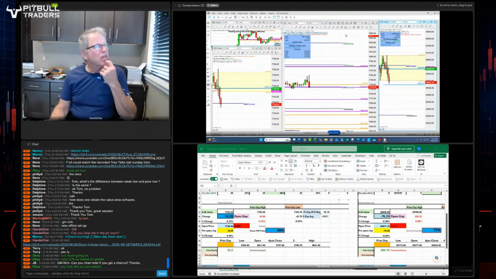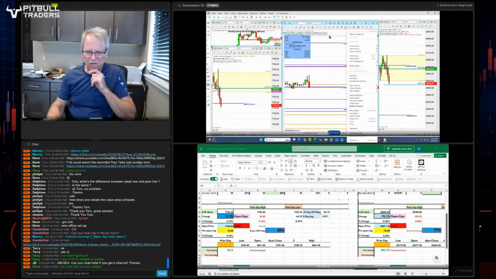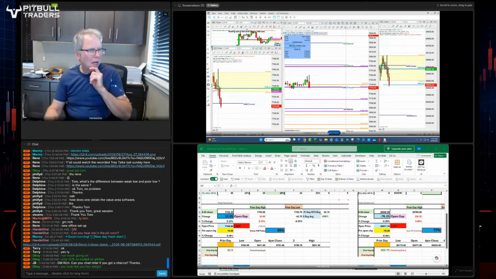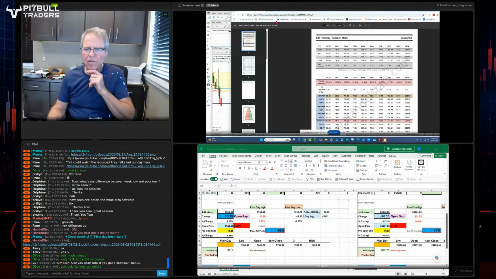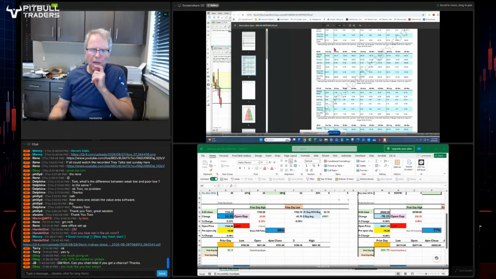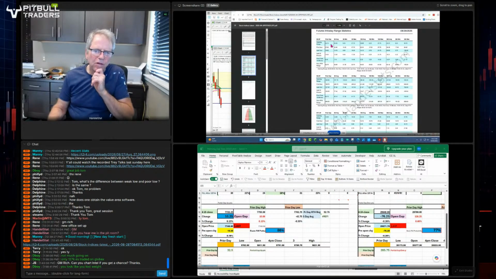This looks like it's going to expand to the downside more. Remember, let's go look at those sheets real quick. I know I have this over here someplace already, but let's look at this again. We were a little smaller than the average.